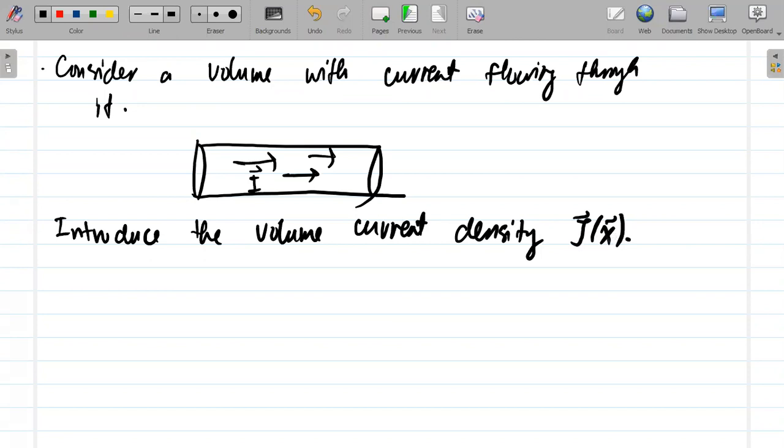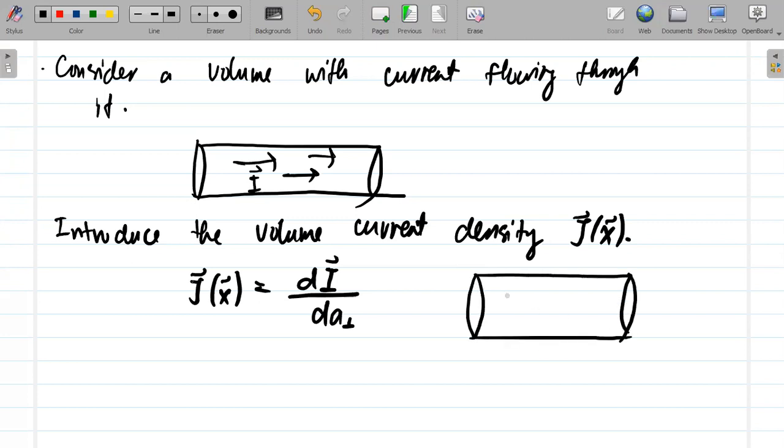Now, definition natin class, ang J of x that is equal to dI over dA perpendicular. Take note class, ang current natin ay vector. Depende sa kung saan siya pumupunta yung charges natin. So, paano nyo ma-imagine yan? Yung example natin above.